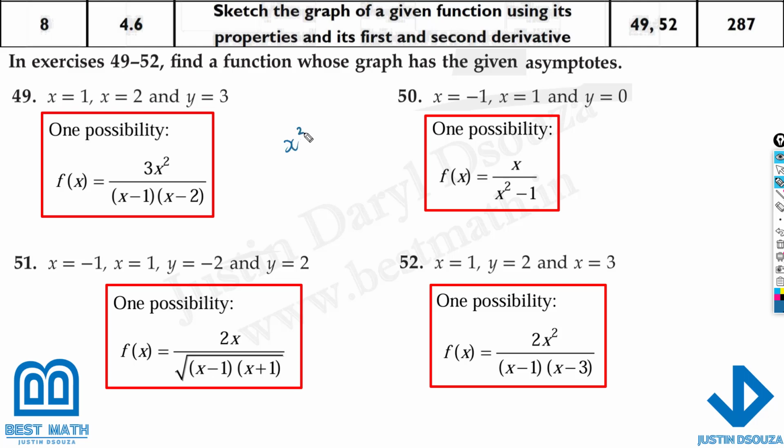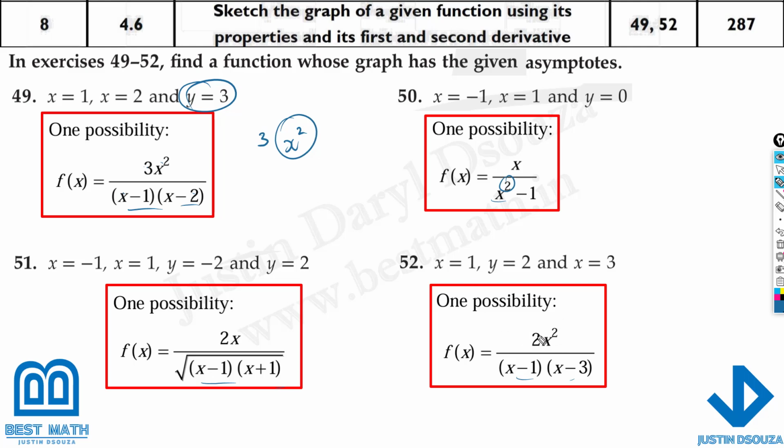Whenever you have x power 2, that is quadratic, whatever is the coefficient, what is the coefficient over here? It's 3, provided there are two denominators, okay? Because most of the time you will have x degree 2 only. So now the degree is 2, and this is also 2. Whatever is the coefficient of this x squared is y.